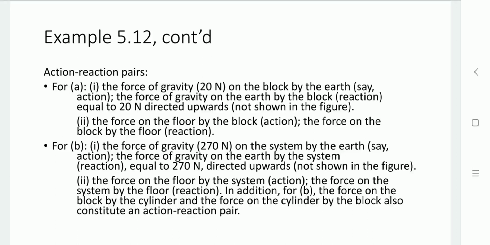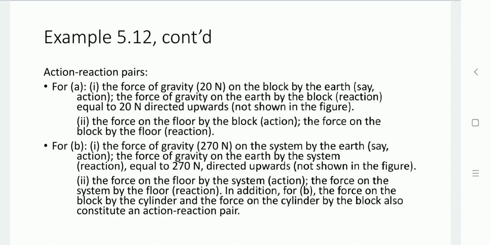So the force on the floor by the system is the action, and the force on the system by the floor is the reaction. The force on the block by the cylinder and the force on the cylinder by the block will also generate an action reaction pair.